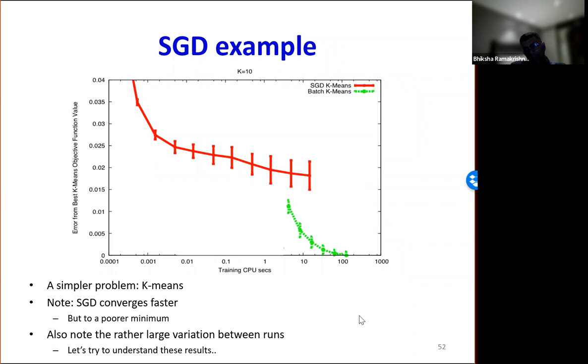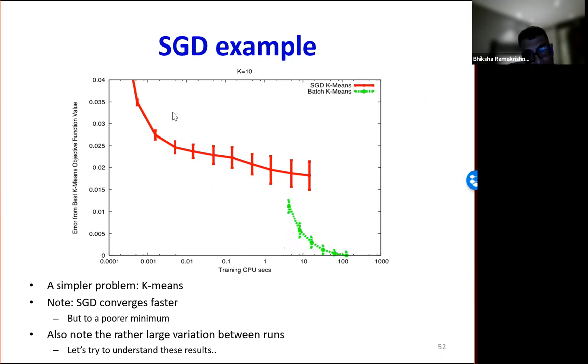So let's look at an example of how well this works. This is not for training a neural network. This is for k-means clustering. The algorithm has been run many times. The x-axis represents iterations. The y-axis measures the total squared error.